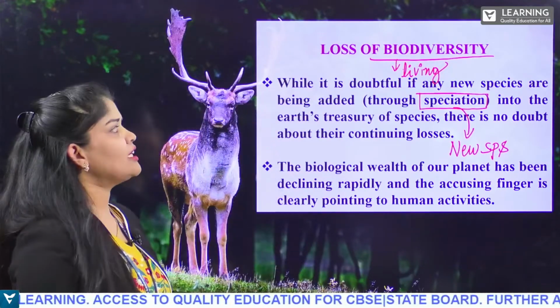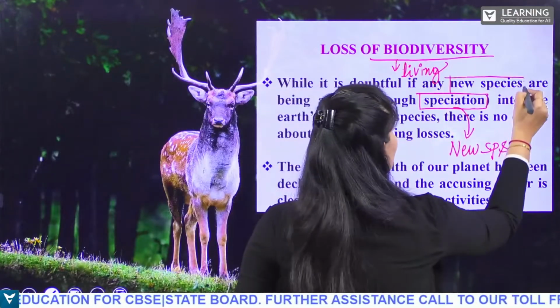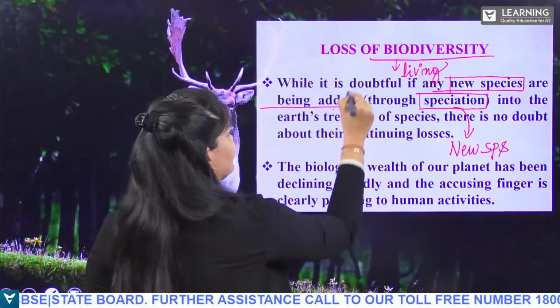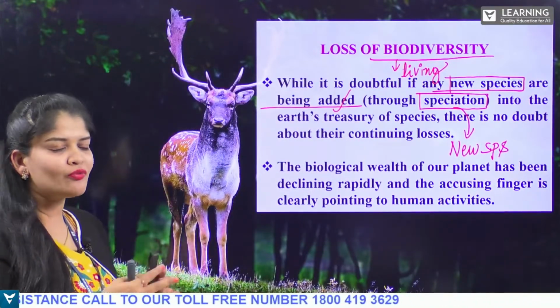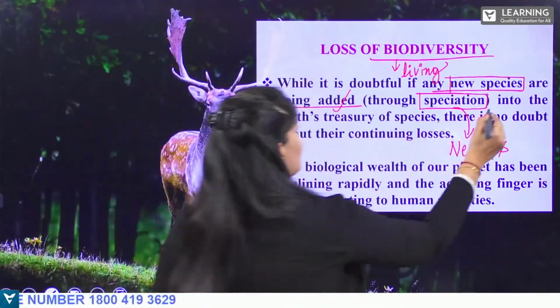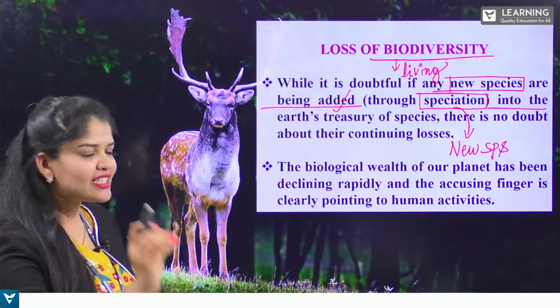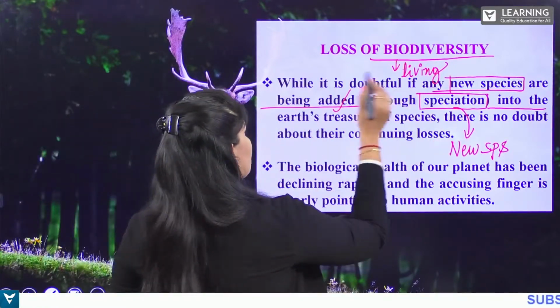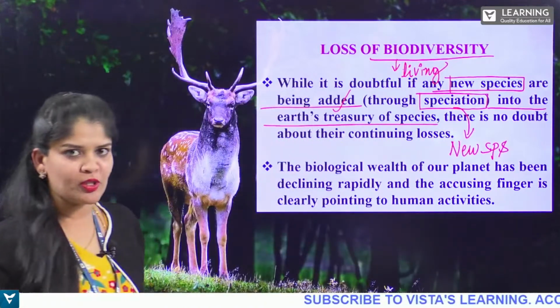While it is doubtful whether any new species are being added to the already existing Earth's treasury of species, that part we are doubtful about, there is no doubt about their continuing losses.